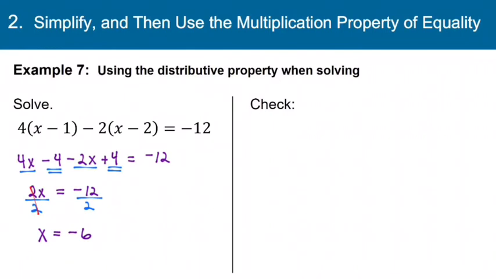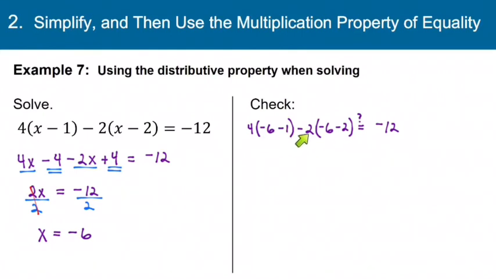And now let's check our work by plugging negative 6 into the original equation. So we'll have 4 times (negative 6 minus 1) minus 2 times (negative 6 minus 2). And we need to make sure that that adds up to negative 12. Okay, now you don't have to distribute, although you can if you want to.